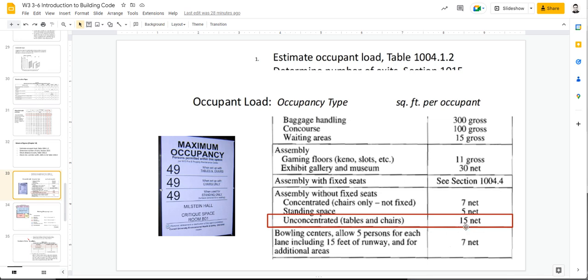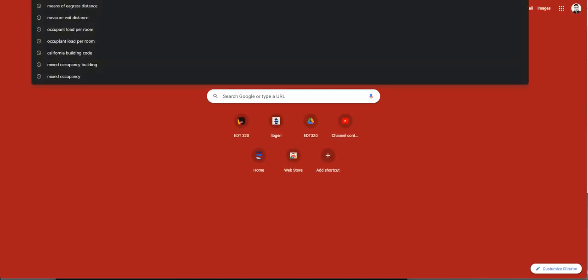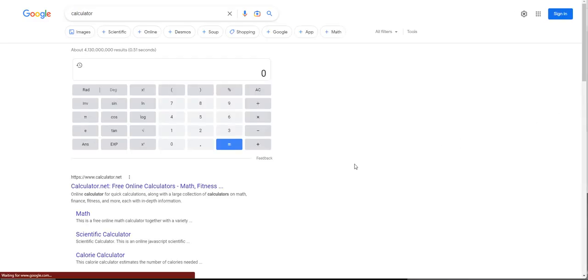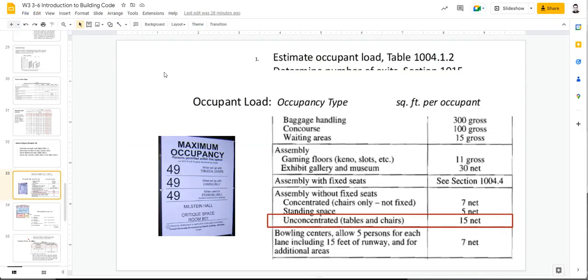So if you have 1800 square feet of cafe, let's use the calculator. If I divide 1800 by 15, the occupant load is 120.